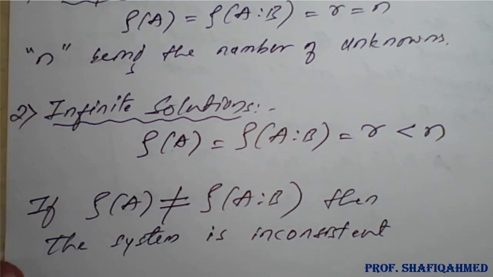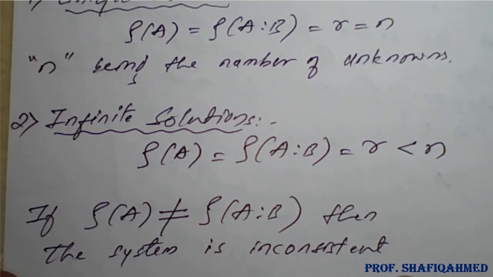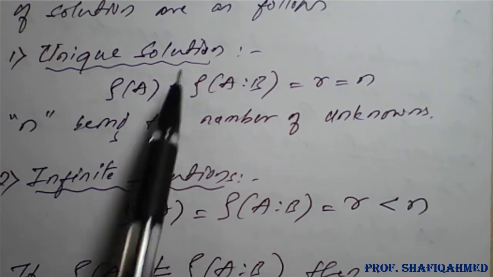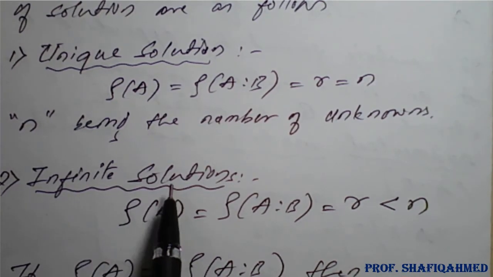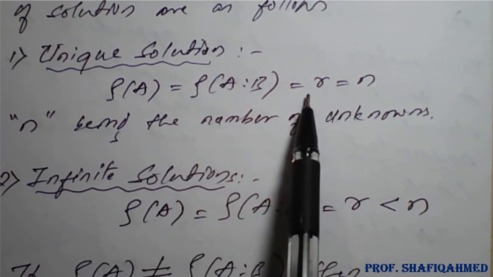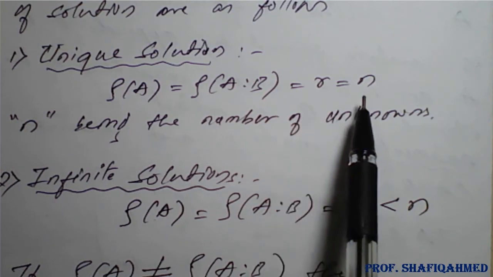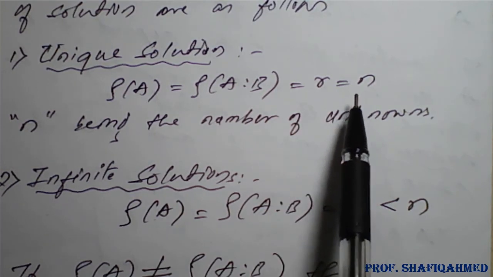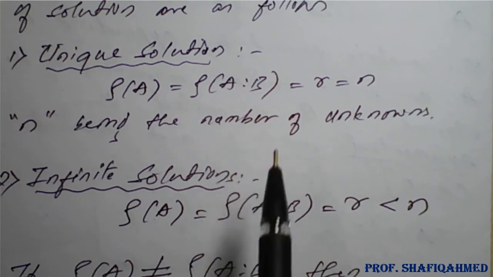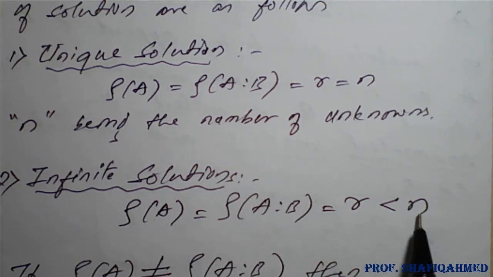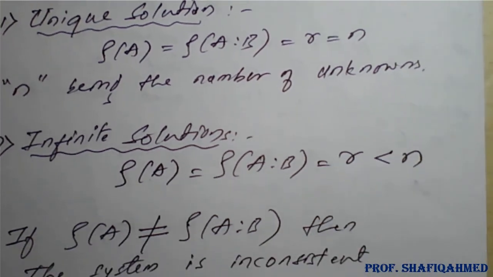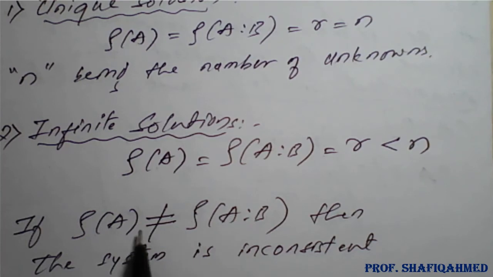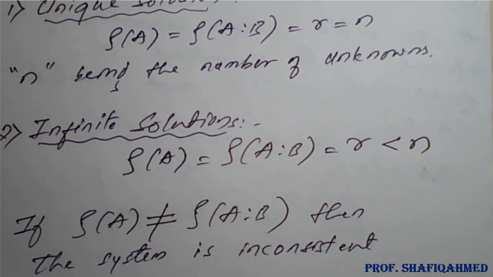So remember, if the ranks are the same, then we have two cases, either unique solution or infinite solution. When it is a unique solution, the rank value and the number of variables will be the same. If the rank is less than the number of variables, then it is infinite, and if both the ranks are not the same, then it is inconsistent.